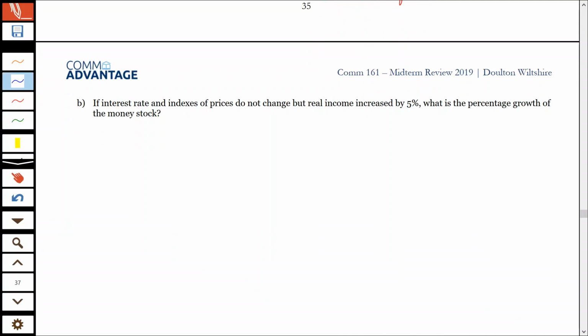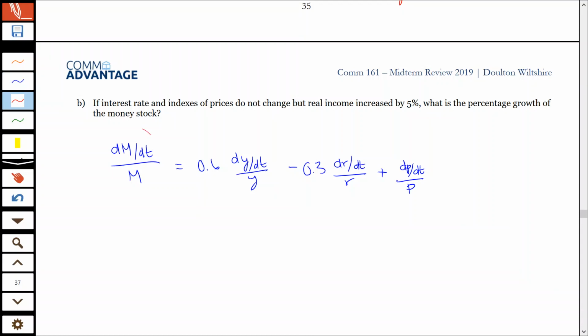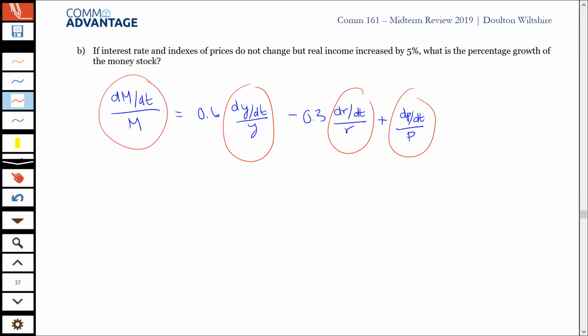So remember, in our equation, dM/dt divided by M is equal to 0.6 dY/dt divided by Y minus 0.3 dR/dt divided by R plus dP/dt divided by P, where each one of these terms is the percentage change. So we want to know what is the percentage growth of the money stock. So we're actually looking for this value here.